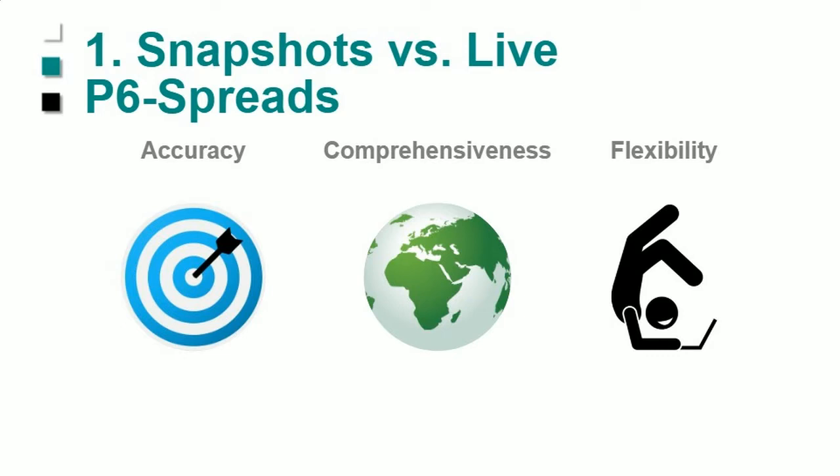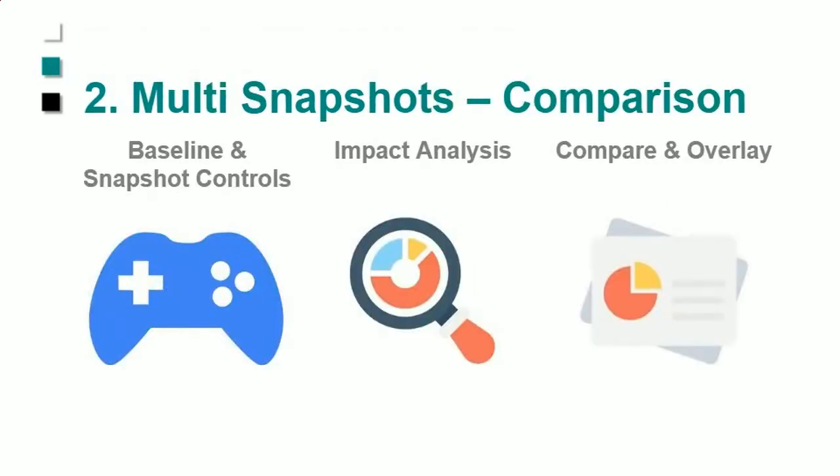So that is why we say it brings you more flexibility, because you can start to make more comparisons. I can compare the last schedule update to 2 updates ago or last year at the same time. So it brings a lot of flexibility in terms of comparisons, not only to a baseline, but to snapshots as well, which allows you to start to get into things like impact analysis.